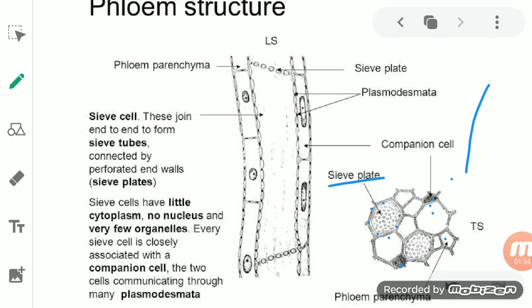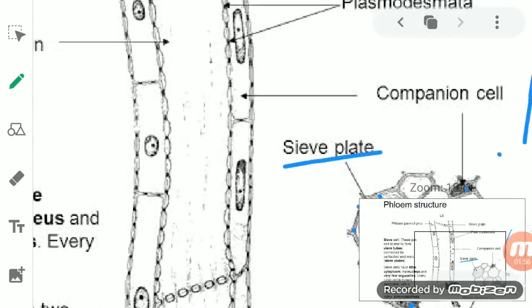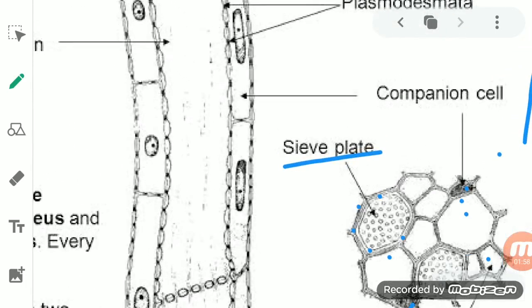The perforation is not all over as in the case of the sieve tube, but it occurs in some areas. Along with the sieve cells, there are smaller cells attached with it, in place of the companion cell. In the case of gymnosperm, the albuminous cell is present in it. Albuminous cell is attached with it.